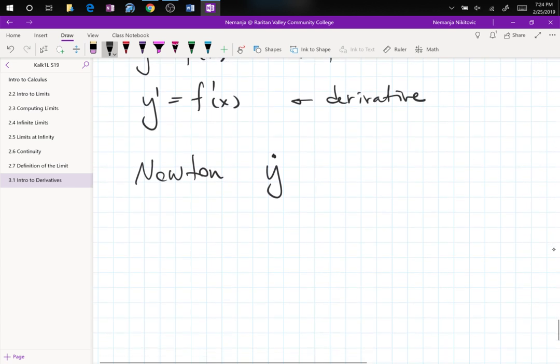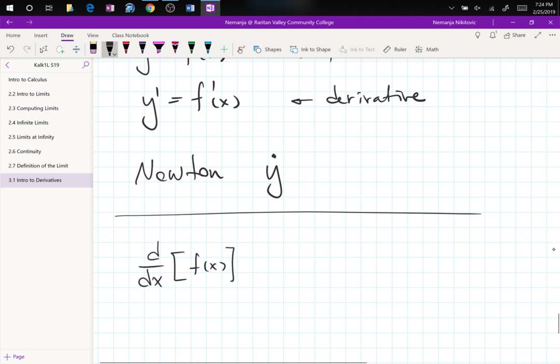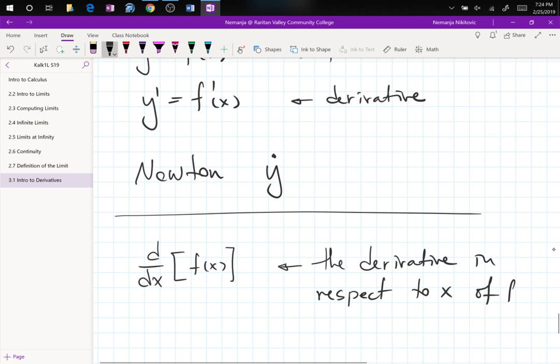Now, much better notation. d dx of f of x. This means the derivative with respect to x of f of x, because there is this multiplication that we don't write.